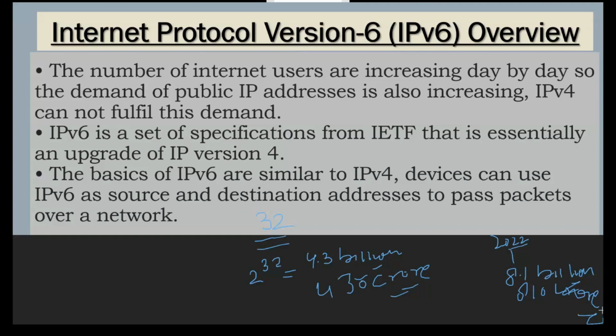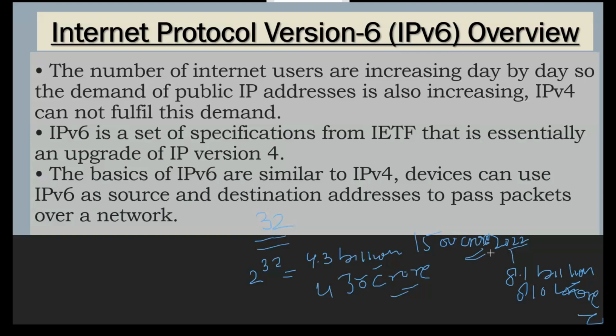Most people have more than one device. They are using a laptop, two or three mobile phones, or two or three broadband connections also. So that means we need around 1500 crore IP addresses to fulfill that requirement.